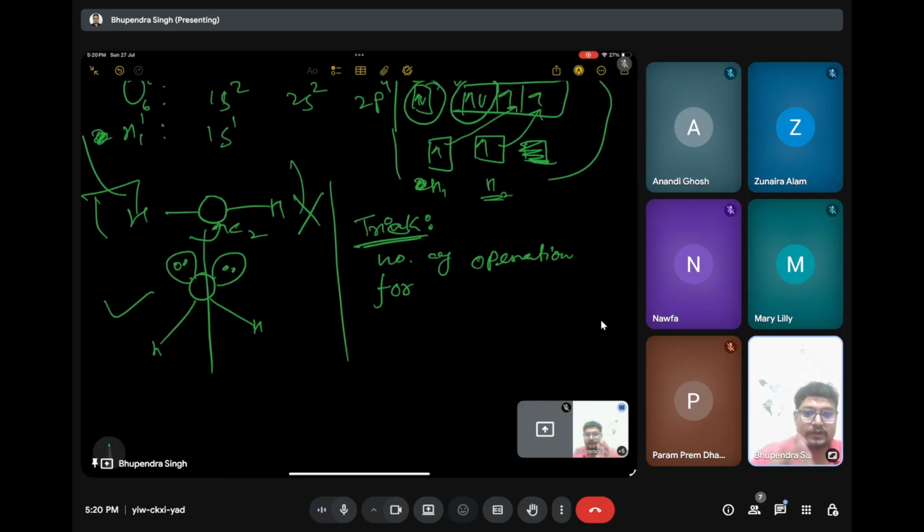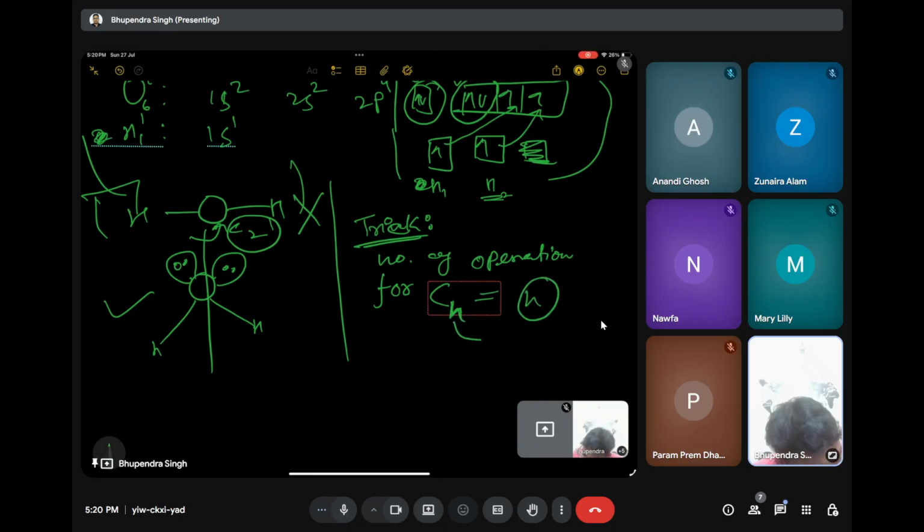Other than that, we don't have a higher order of symmetry, because this is the principal axis of your water molecule. So for any axis of symmetry, let's say if you determine that it is Cn, to get the identical structure of that molecule, you will require n number of operations. This n is same.